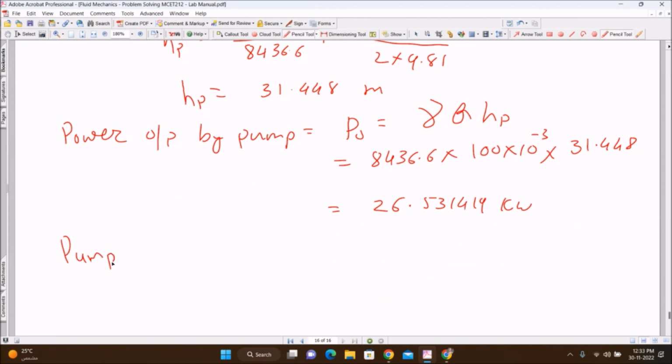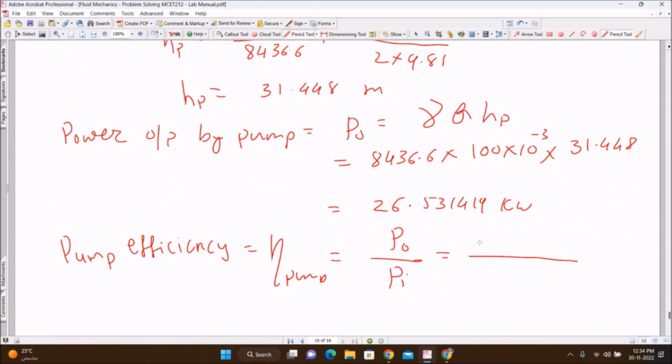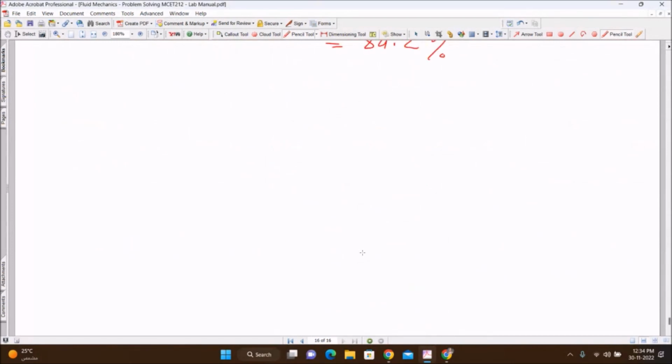Pump efficiency is equal to PO by PI. Don't write 100 here, we'll multiply at last. So it is 84.2% after multiplying by 100. It was asked, and that's the end of all problems.